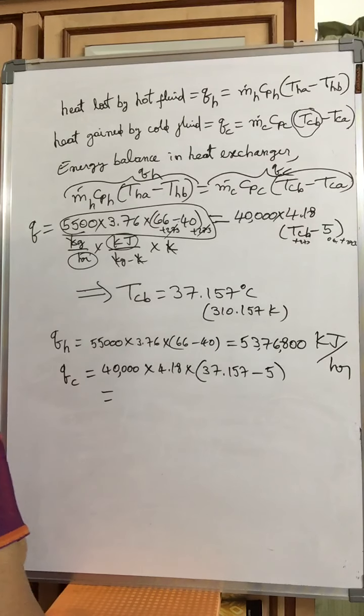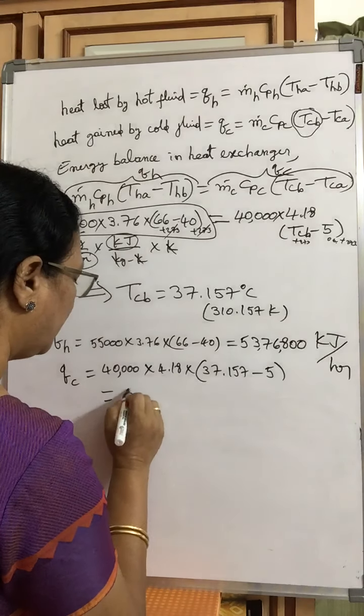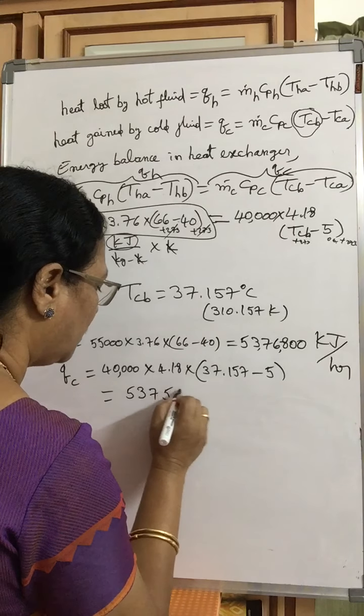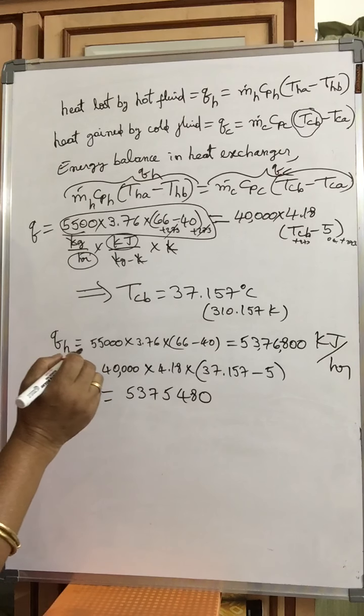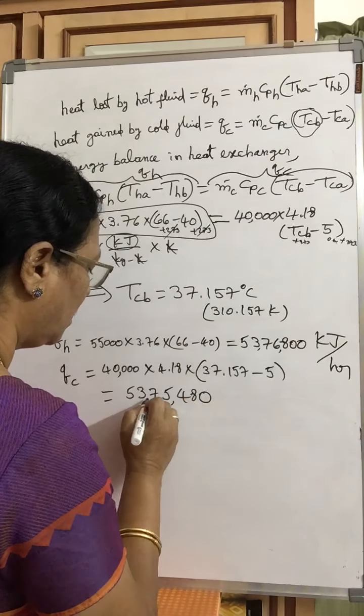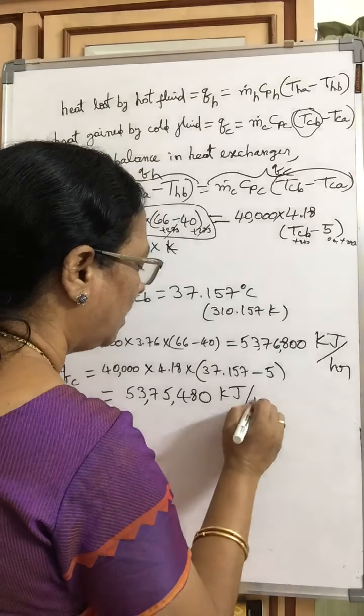You will have 5375 into 480. Okay, this is also kilojoules per hour.